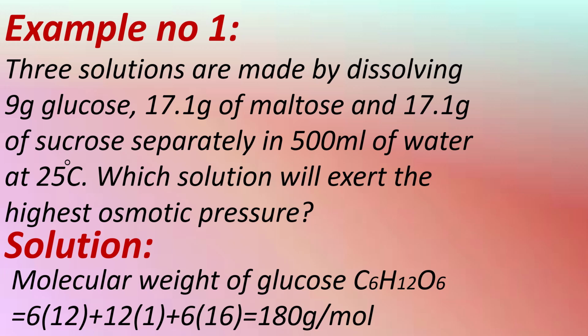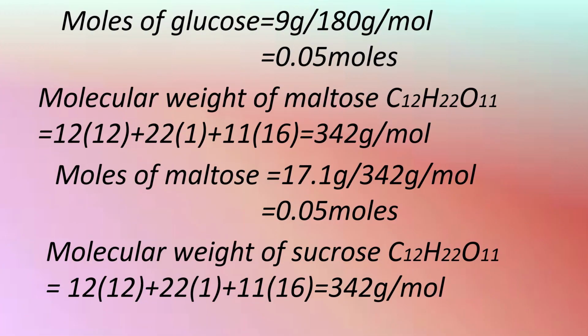The molecular weight of glucose is calculated to be 180 gram per mole. Moles of glucose is equal to amount, that is 9 gram, divided by molecular weight of glucose, 180 gram per mole. After solving, the moles of glucose are 0.05 moles.